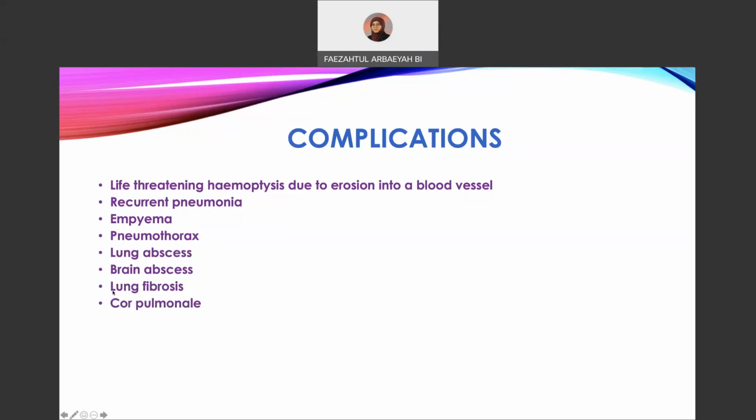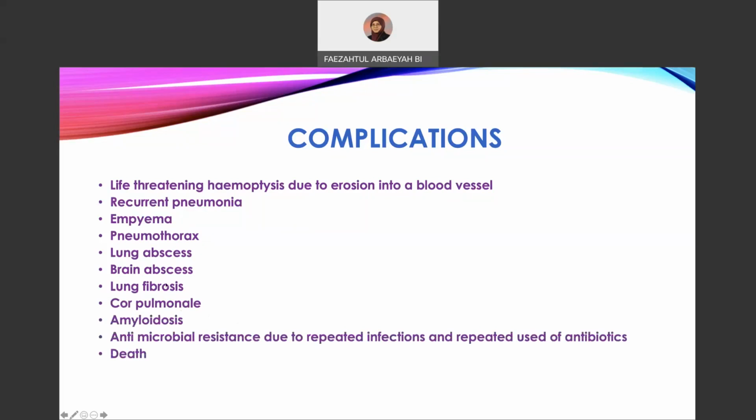In the long run, the patient can end up with lung fibrosis. Cor pulmonale: because of lung fibrosis, it will also interfere with the vessels of the lung and end up with right-sided heart strain. Amyloidosis, or antibiotic resistance because of the repeated infections and repeated use of antibiotics.